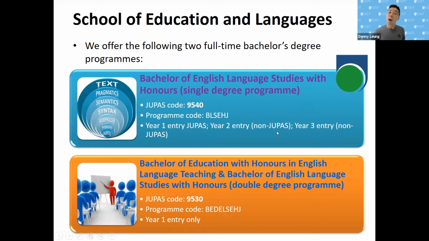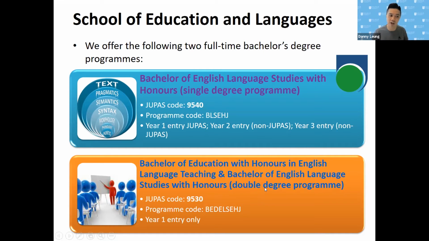But if, apart from English linguistics and knowing how to be a good user of the English language, you'd also like to teach English in a secondary school or primary school, then you might be interested in what we call the English double degree program: Bachelor of Education with honors in English language teaching and Bachelor of English language studies with honors.